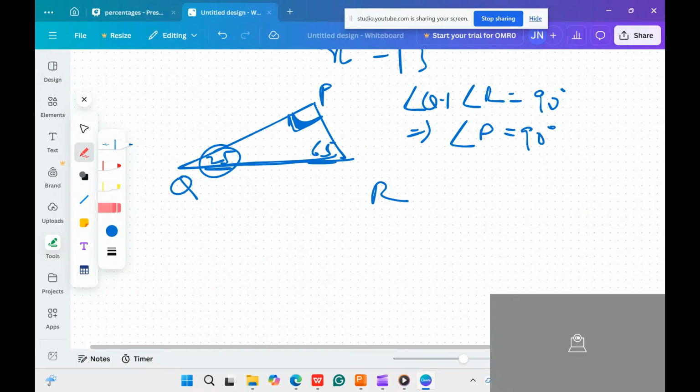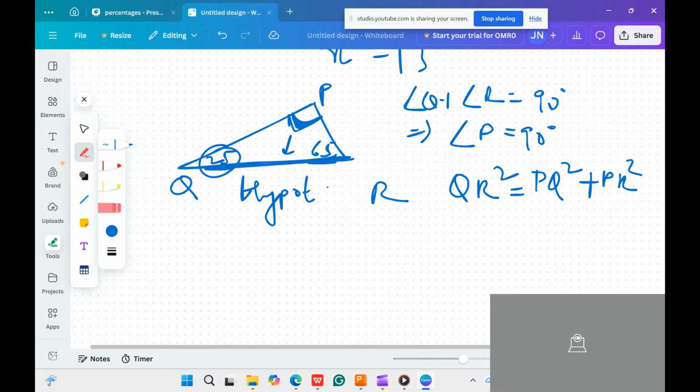If this is 90 degrees, then the side which is in front of the 90-degree angle is the hypotenuse, or it is the longest side. So we will say QR square is equal to PQ square plus PR square, or any form of it. Yeah, this is the only correct form. Acha, next question hai, I'm writing B is the true part, correct.